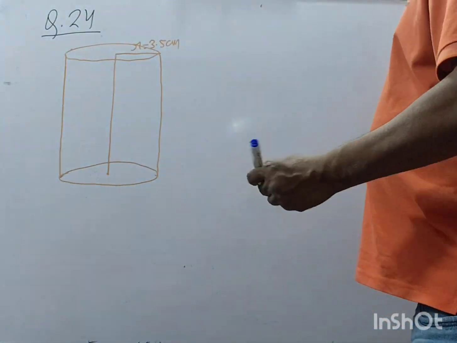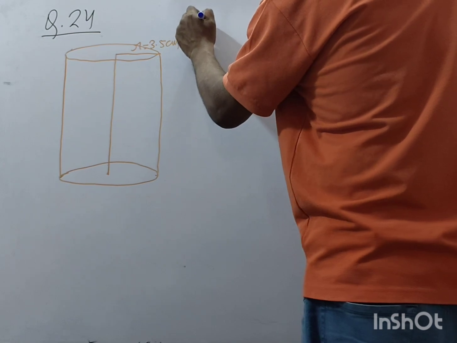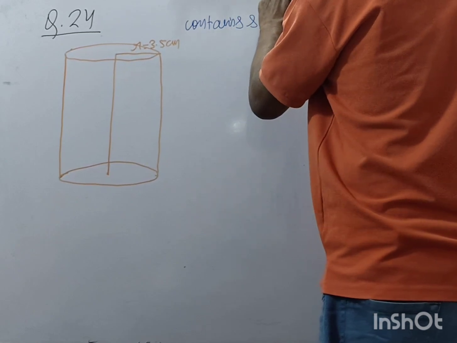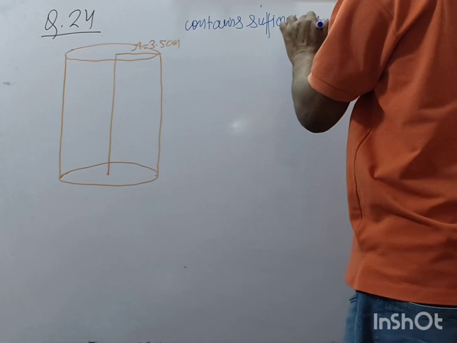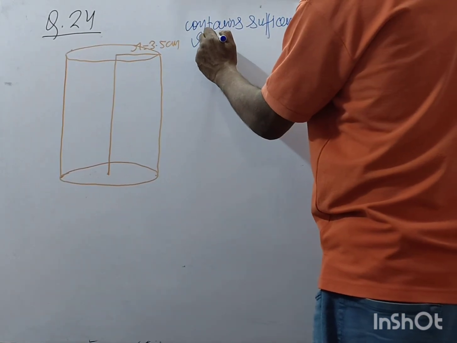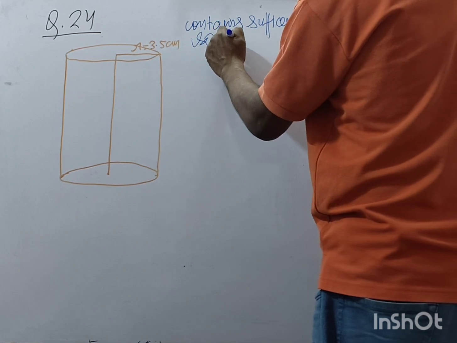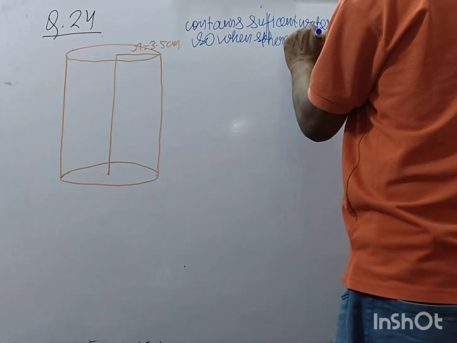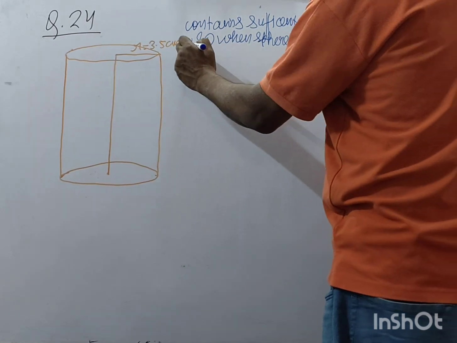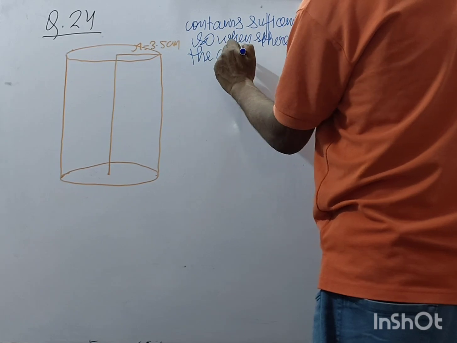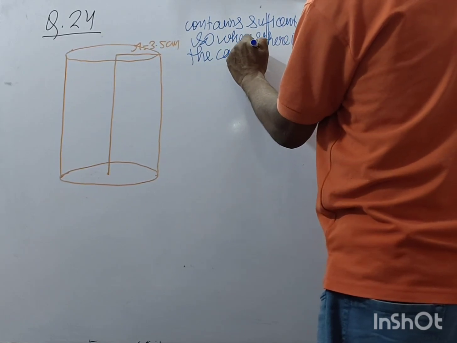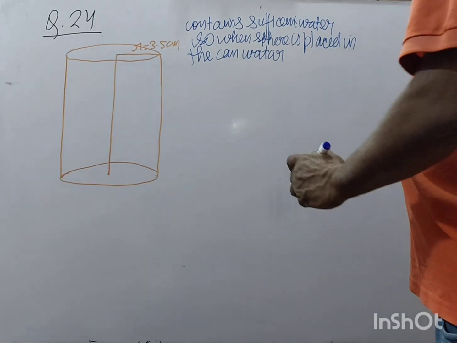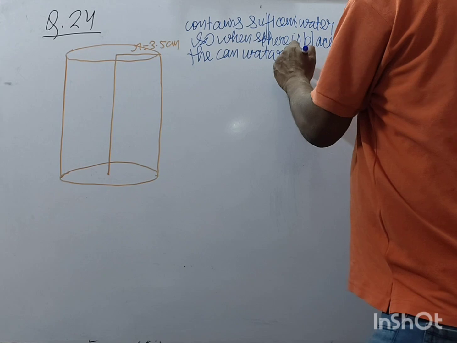It contains sufficient water so that when a sphere is placed in the can, the water just covers the sphere.